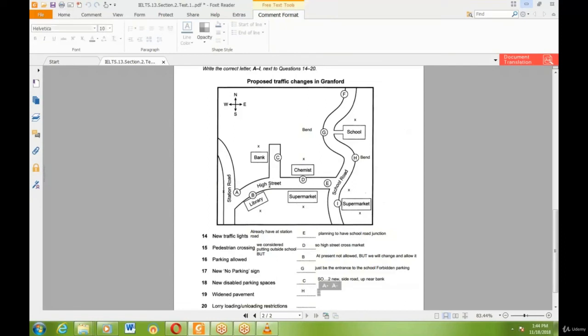Half a meter on bend before school. On the bend before the school. That would be H. Now, if you know what the word bend means, that's very helpful, right?